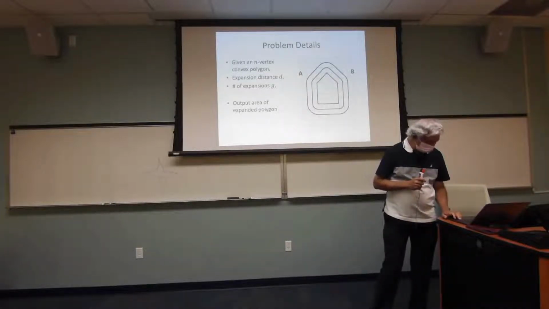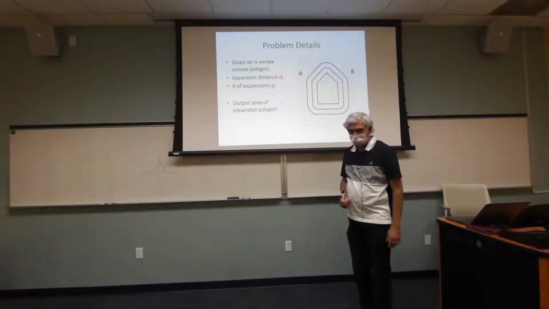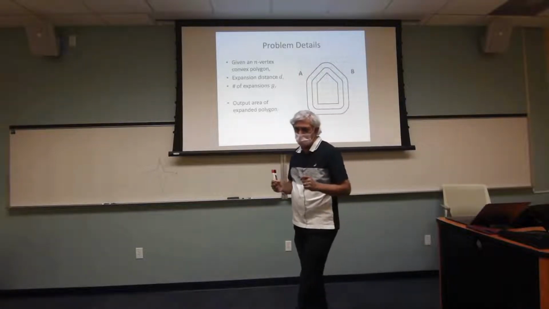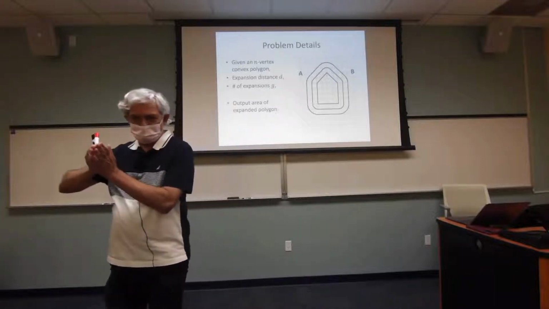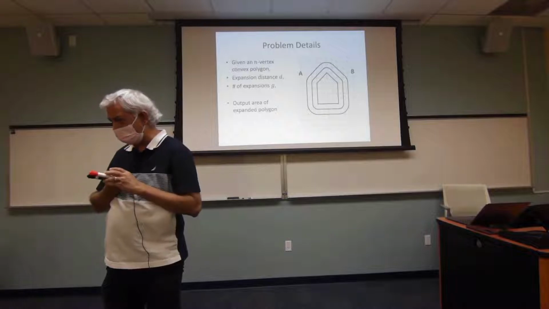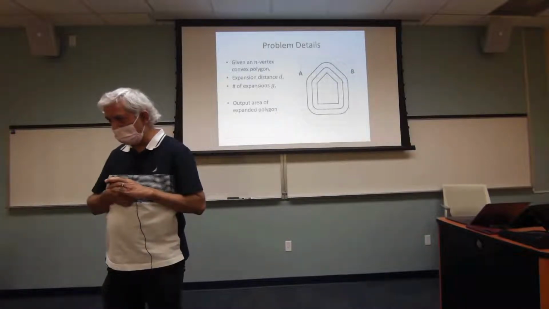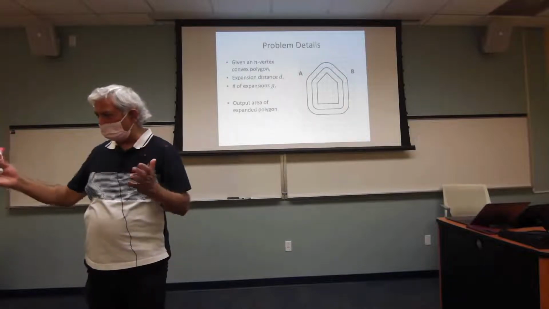All right, so here is the picture. You start with this polygon, and then every point that's outside the polygon but within a distance of d will now become part of the expanded polygon. Okay, and here that expansion has happened twice.